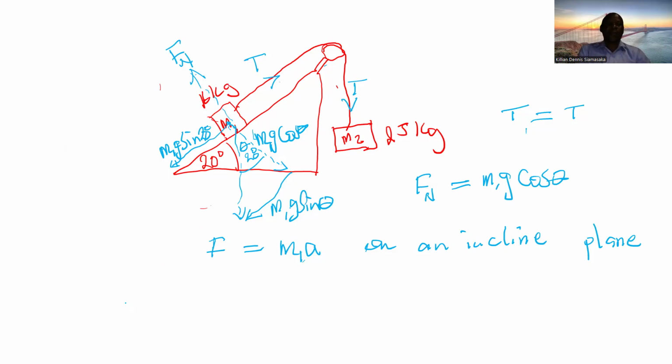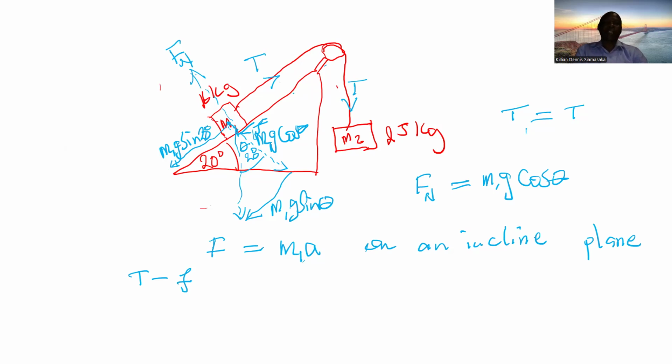And therefore, the forces which we have is the tension, which is greater because this object is moving up. So we have to subtract the opposing force. We are told that there is friction here. Friction is opposing the motion, and therefore it will be in the opposite direction, so we have to subtract it.